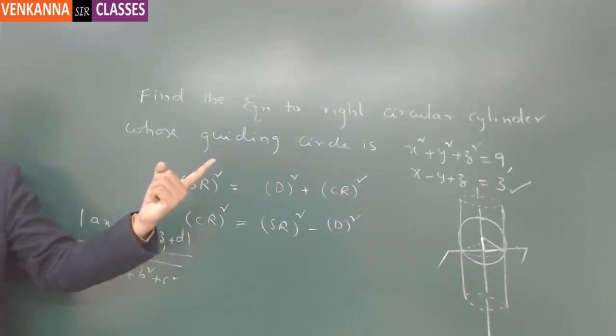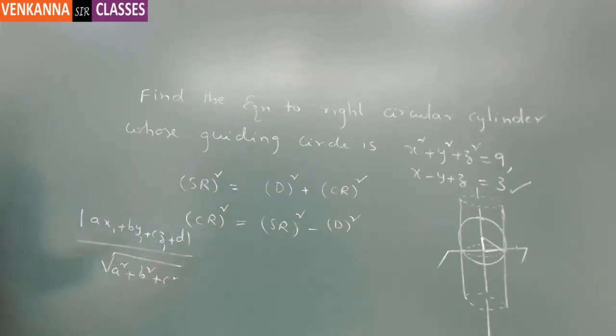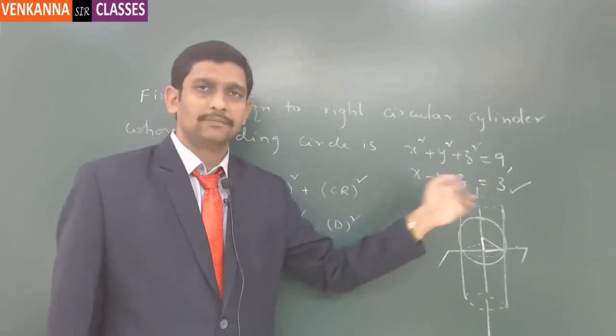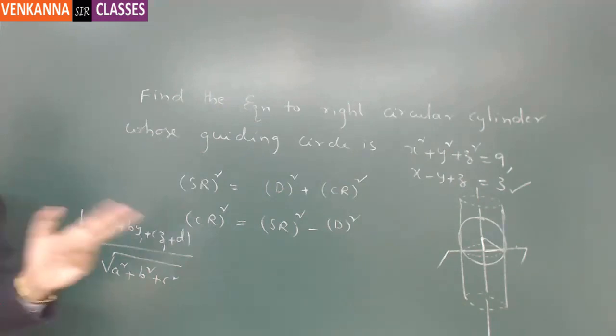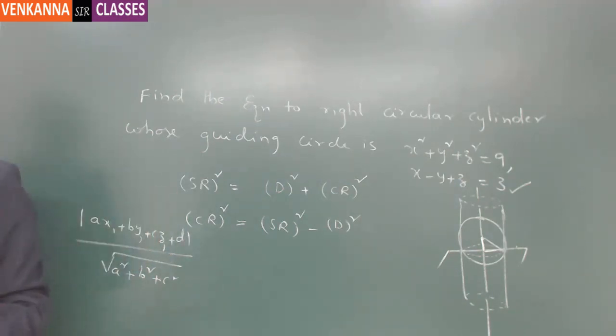Here the sphere center is nothing but the origin 0, 0, 0. And tell me that value. A, B, C, D are nothing but the values in the plane. X1, Y1, Z1 is nothing but the center of the sphere 0, 0, 0. So I will say that you will get the value as root 3.